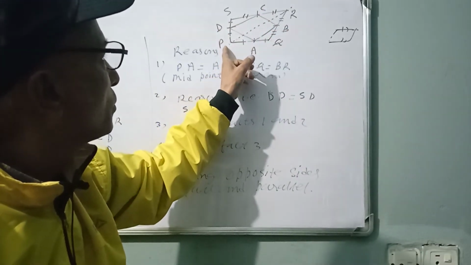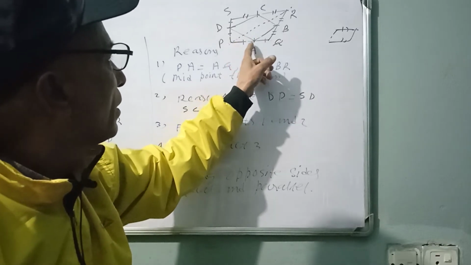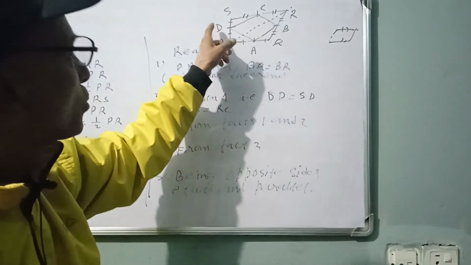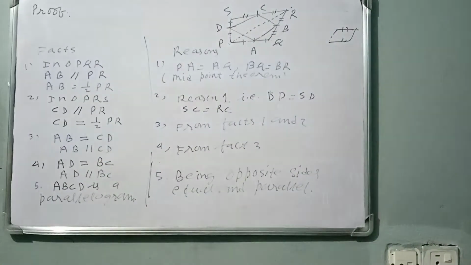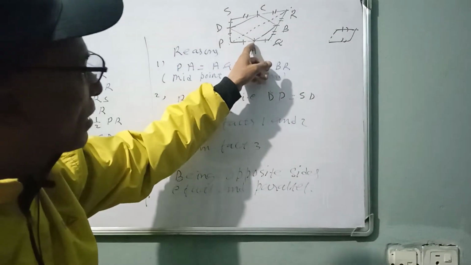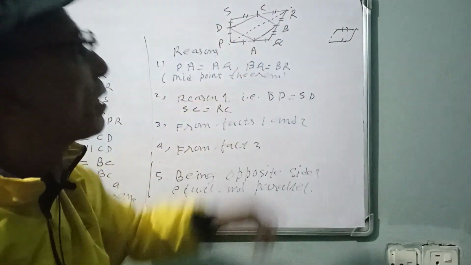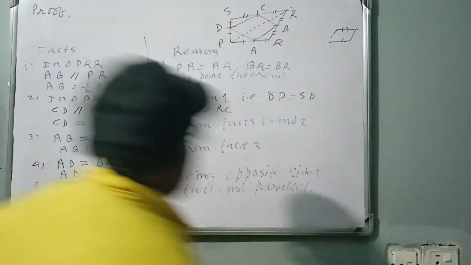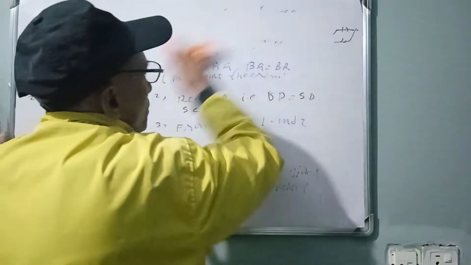DC is parallel to PR and half of PR. That means AB and DC are equal and parallel. So AD and BC are also equal and parallel. The opposite sides of the quadrilateral ABCD are equal and parallel. So ABCD is a parallelogram. One theorem is proved.